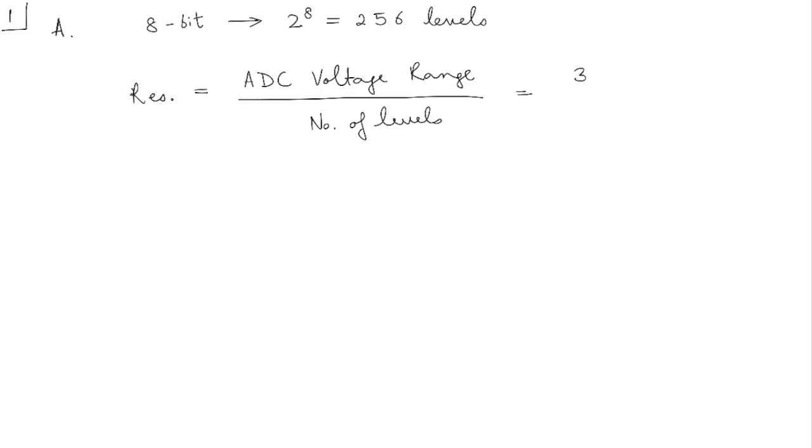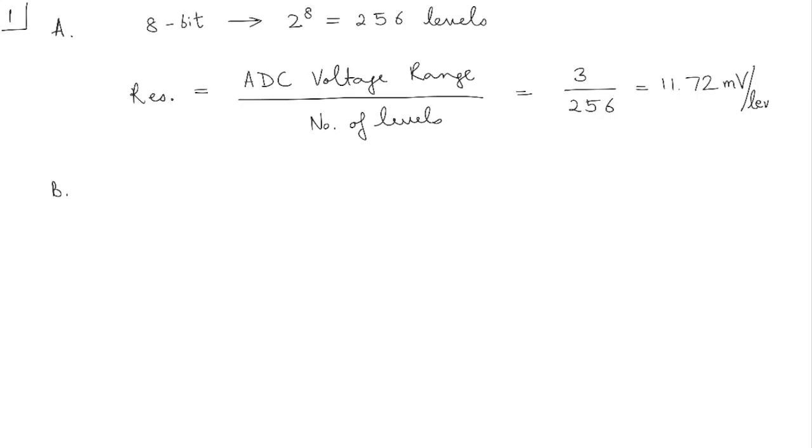It is 3 volts, that's the range, divided by 256, and that should turn out to be equal to 11.72 millivolts. If you want to write the units, you can say per level. So that's the answer. Okay, now let's look at B.